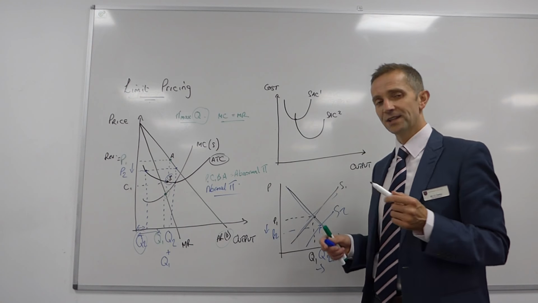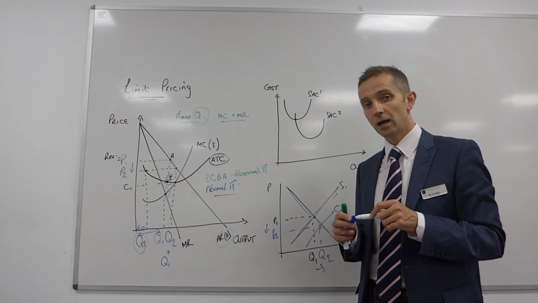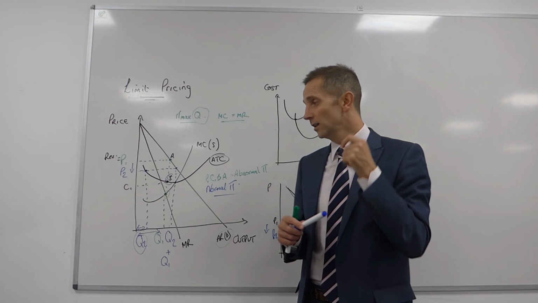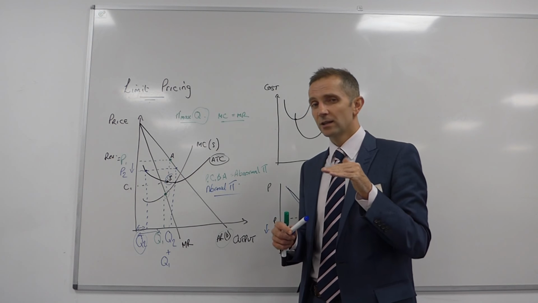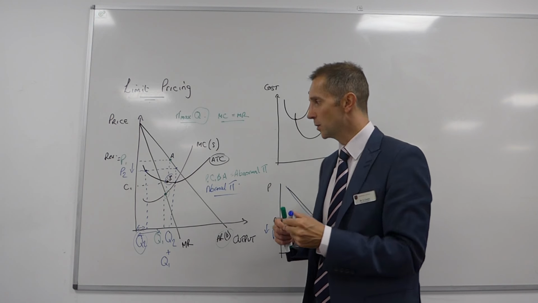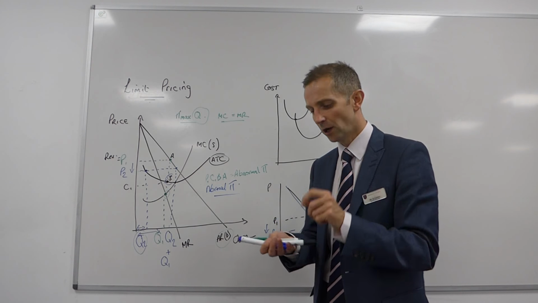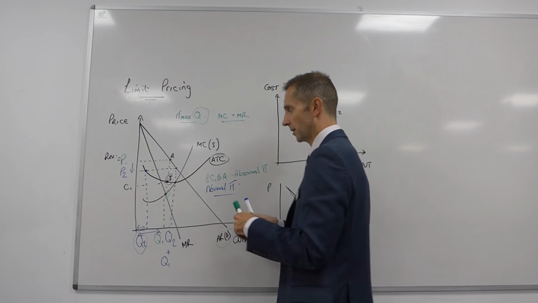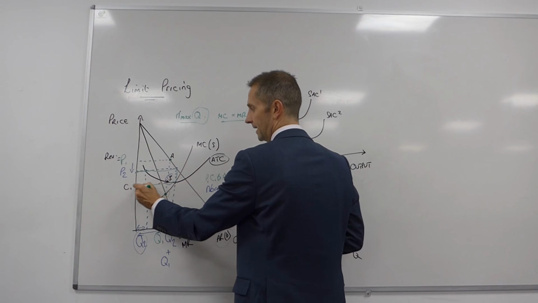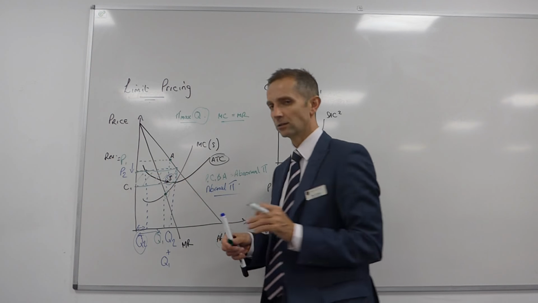Now, how does that affect the incumbent firm, the firm which was originally there? Well, now that the price has fallen, they're obviously not earning as much profit. However, the key point to note is that they are still earning abnormal profit. Look, so they're earning abnormal profits from here to here to here, that particular rectangle.